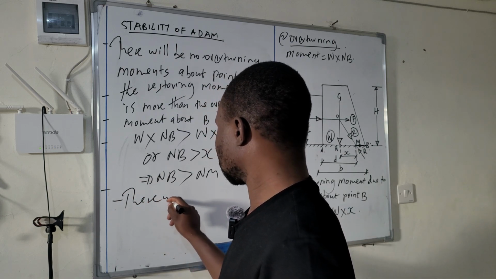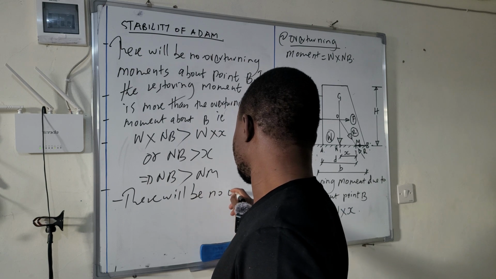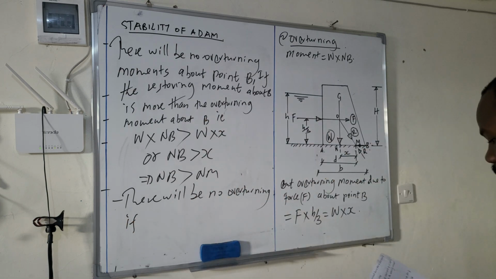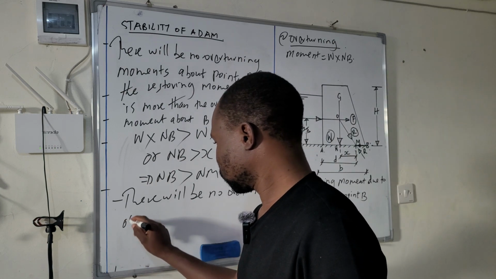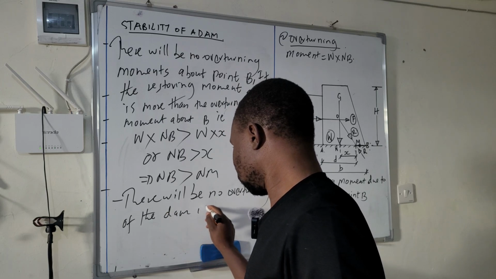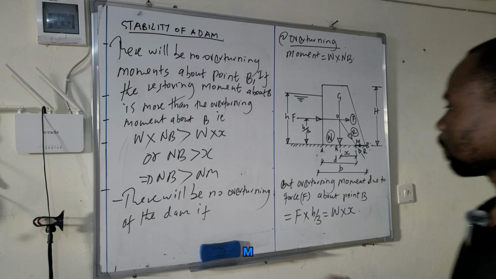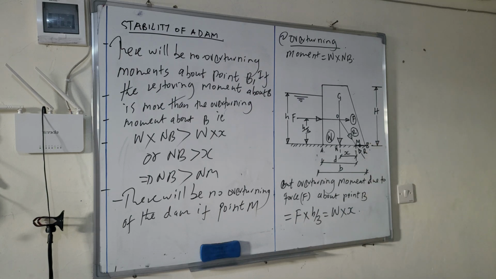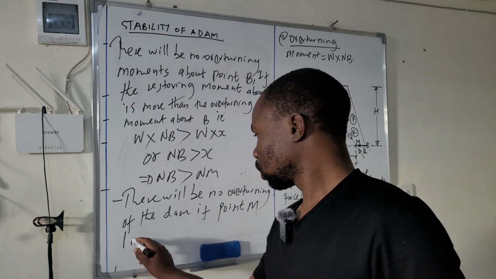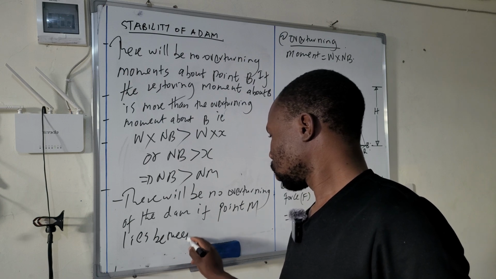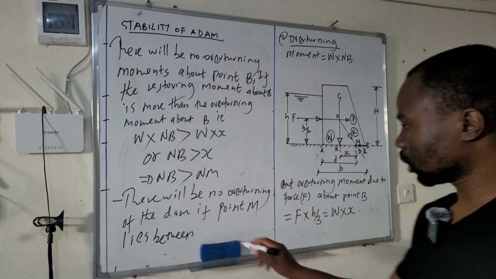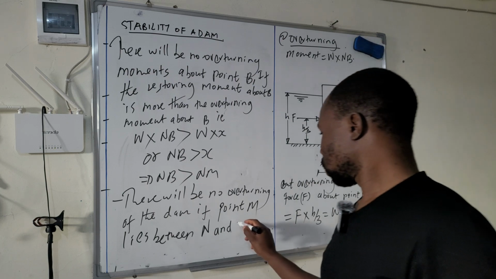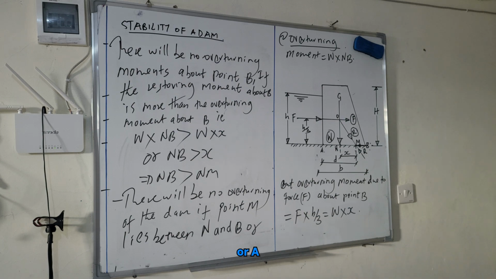There will be no overturning of the dam if point M, this is point M, lies between N and B, or A and B.